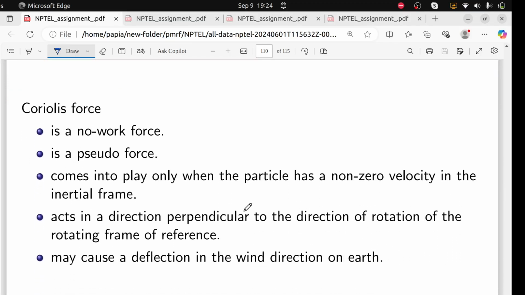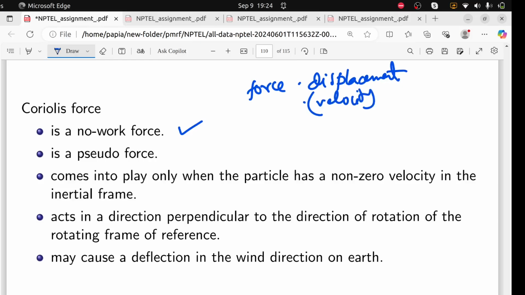Okay. So this is a no-work force that we have already calculated, because the work is force dotted with displacement, and displacement is proportional to velocity, so the direction is the velocity direction. Velocity and force are perpendicular to each other, so the work will be 0.